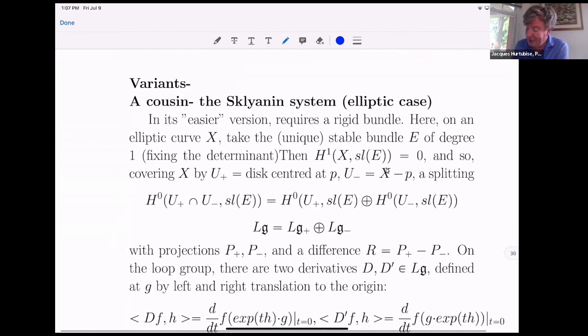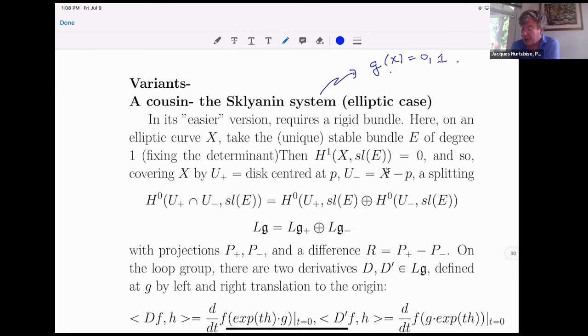These systems have variants. There's a cousin, which is the Schlesinger system. This seems to only work for genus of x equals 0 or 1. The earliest version basically uses the rigidity of bundles in low genus.